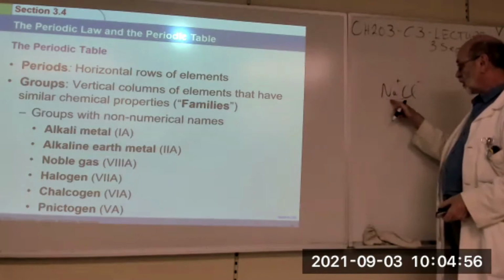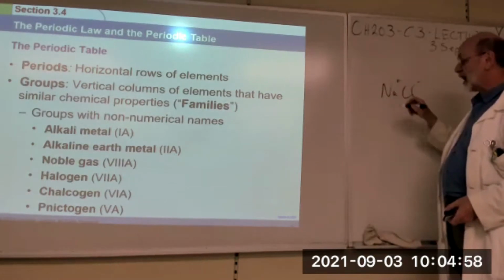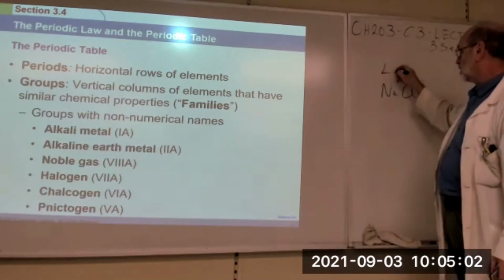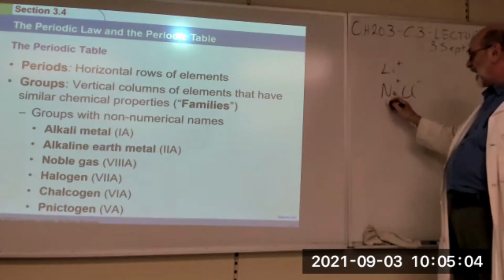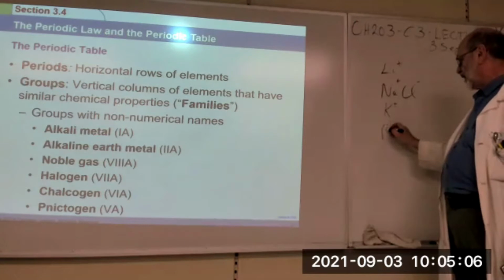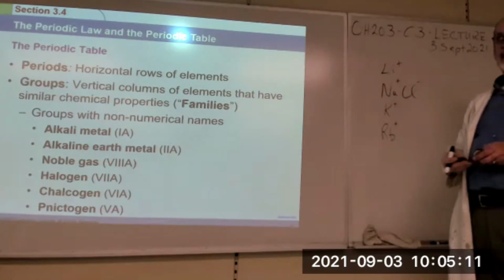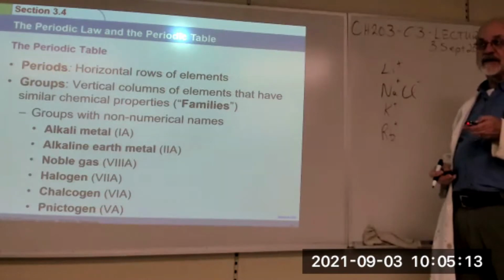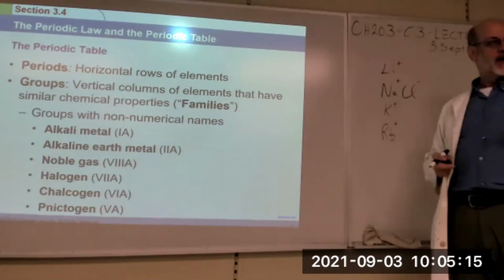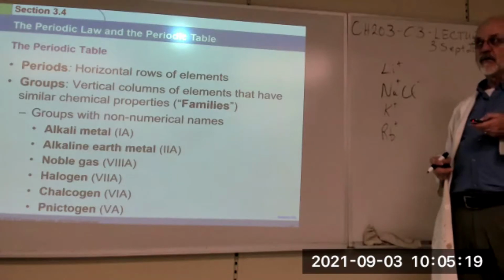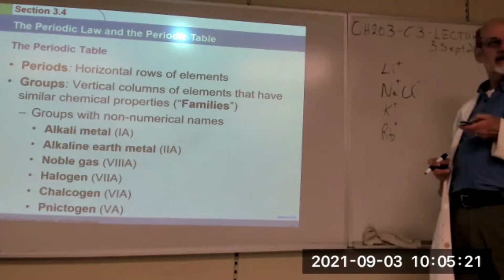And this one always forms just like other members of its group. Lithium would be that way. Potassium would be that way. Rubidium would be that way. They all form +1. And that's the value of this 1A designation. The newer numbering system for the groups is just left to right: 1, 2, 3, 4, 5, all the way across to 18.